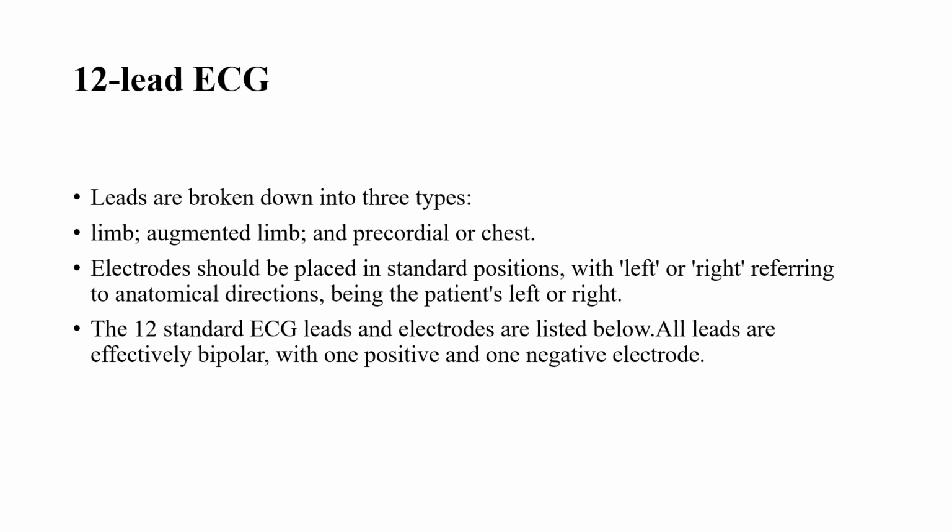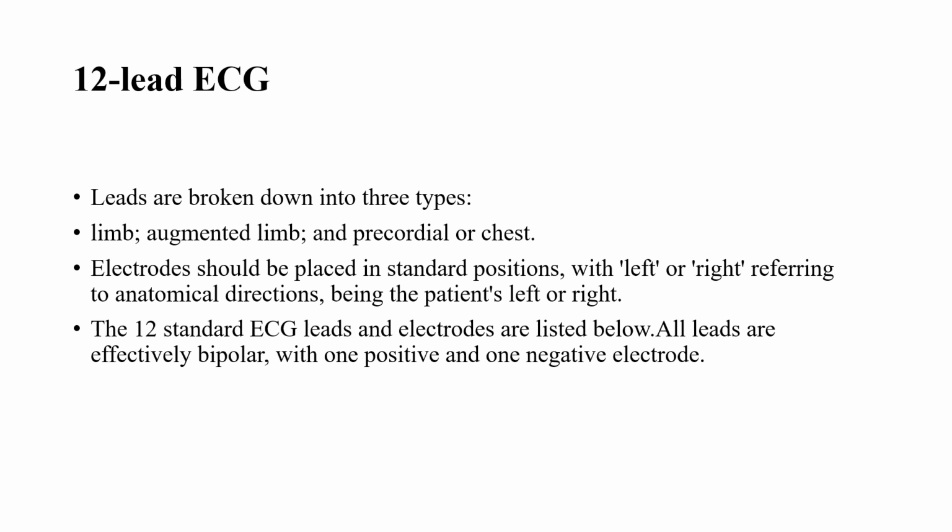AVR means augmented voltage right arm, AVL augmented voltage left arm, AVF augmented voltage foot, and pericardial or chest. Pericardial or chest having 6 leads, that is represented V1, V2, V3, V4, V5, V6.